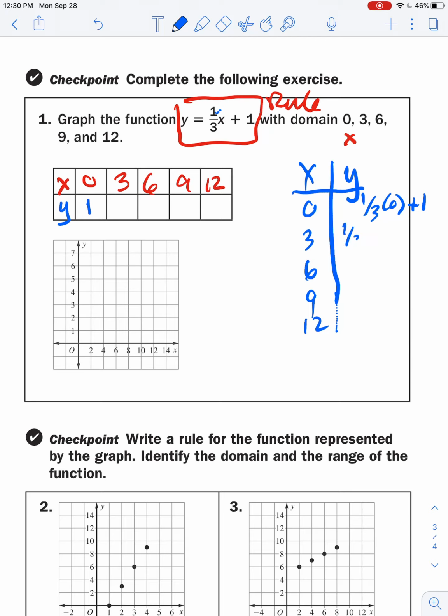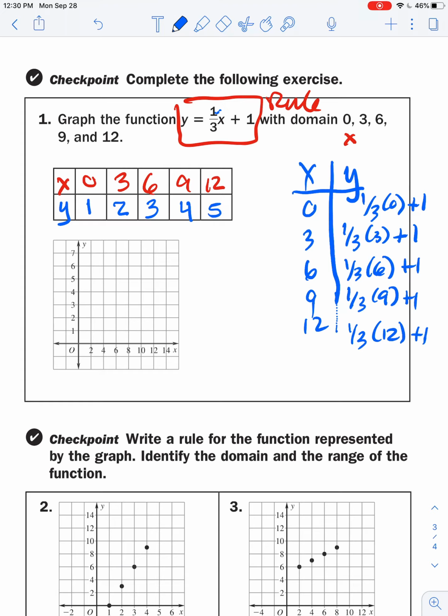Well, 1/3 of 0 is 0, plus 1 is 1. Here I'd have 1/3 of 3 plus 1, so that will turn out to be a 2. If you need your calculator, go for it. 1/3 of 6 plus 1 is a 3. 1/3 of 9 plus 1 is a 4. And 1/3 of 12 plus 1 is a 5.